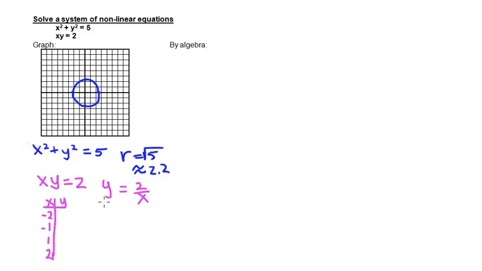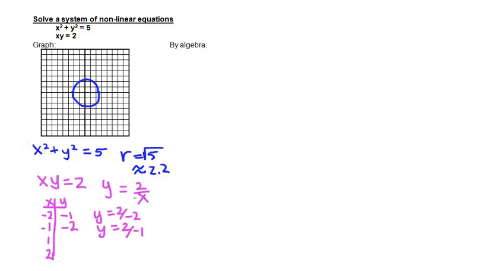So if we plot a few points here, we can let x equal -2. When x is -2, y is equal to 2 divided by -2, and that's going to give us -1. When x is equal to -1, y is equal to 2 over -1, and that gives us -2.